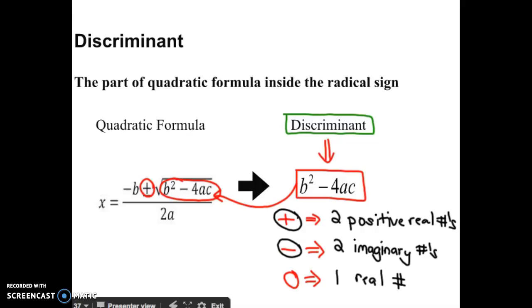Because you end up getting, like, 2 plus or minus 0. 2 plus 0 is 2, 2 minus 0 is also 2, so you would get 2 twice, which is still only one real number. So that's the third scenario, when you get 0 under a radical. So let's go ahead and look at a few examples of finding the discriminant and then deciding how many answers we're going to have.